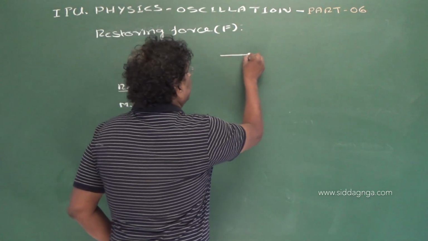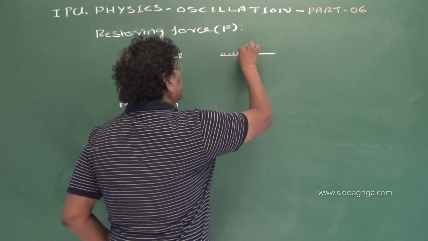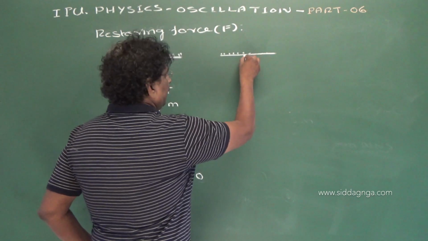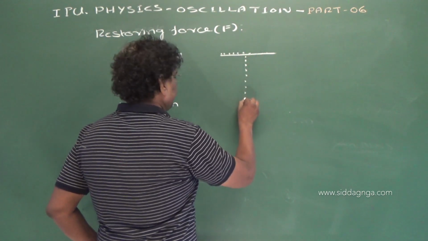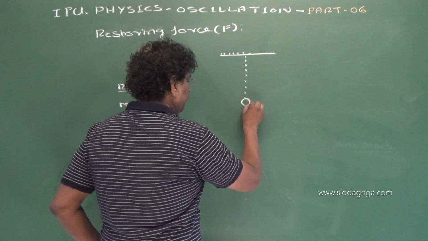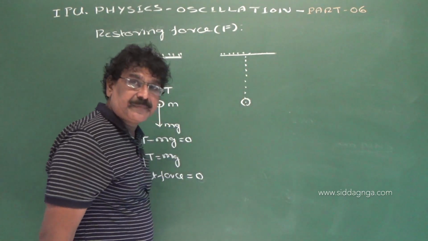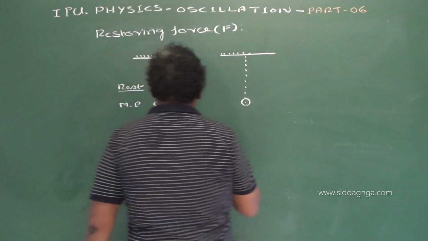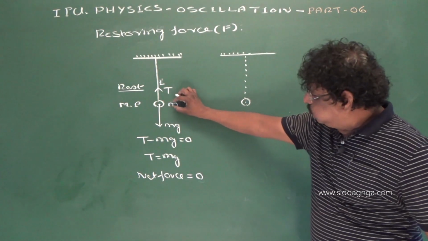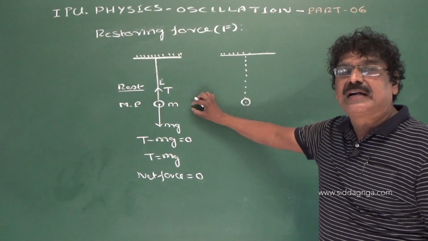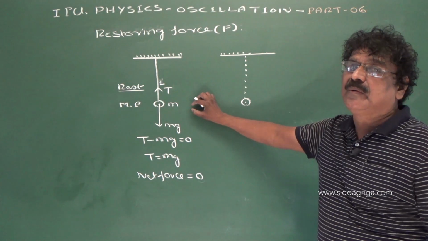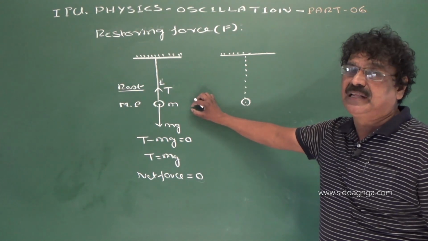Now, we'll take the same case, the particle in mean position, and it is displaced through a certain distance. How to produce displacement in the bob?